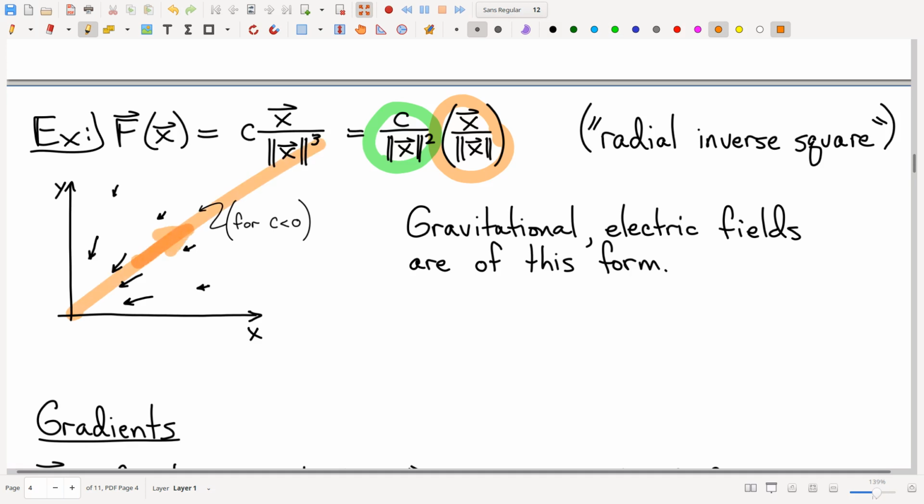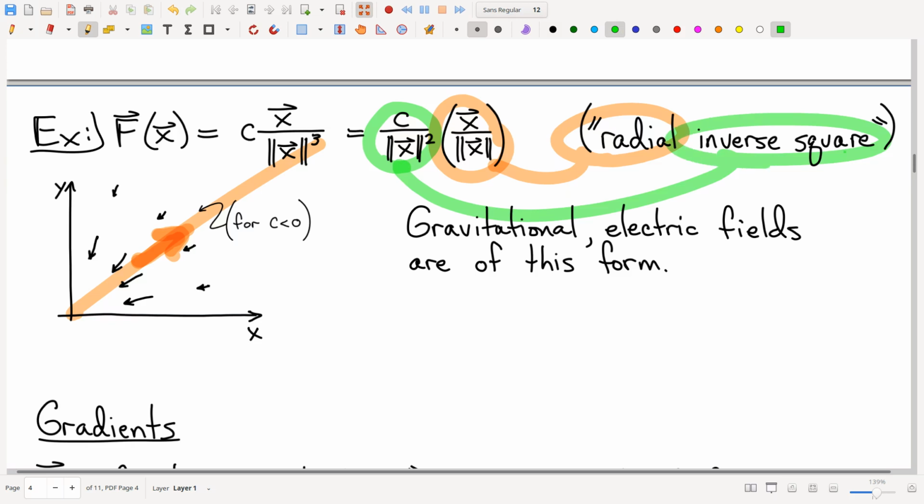It always points on a ray coming out of the origin. So this is a radial vector field. And then furthermore, the magnitude, you can see right here, is inverse square, in the sense that this scalar representing the magnitude varies with the inverse of the square of the distance from the origin. So that's inverse square.